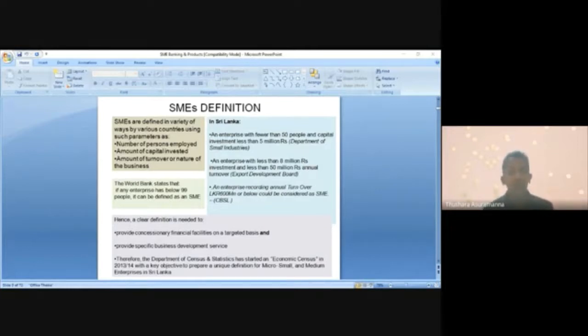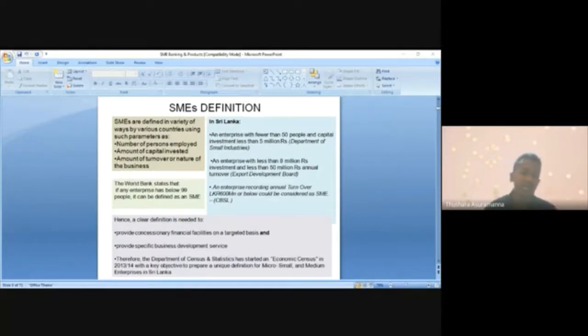Specific business development services, right? The number two is that, rather than giving a generic product or generic service, this provides specific business development service, which could also be given under this.